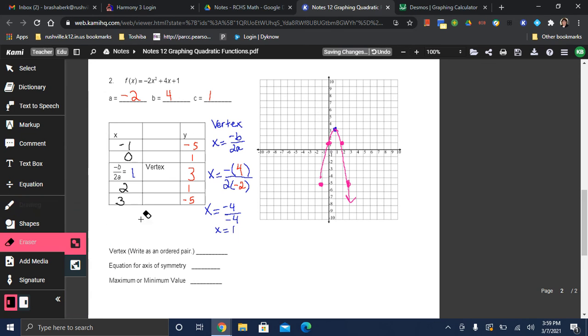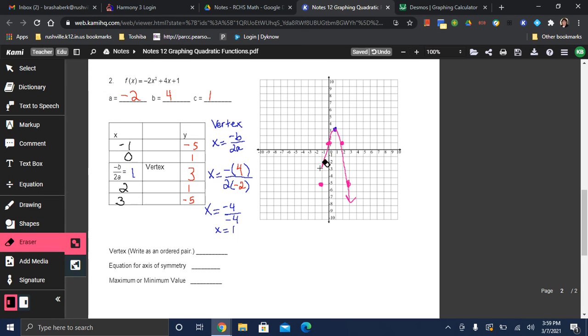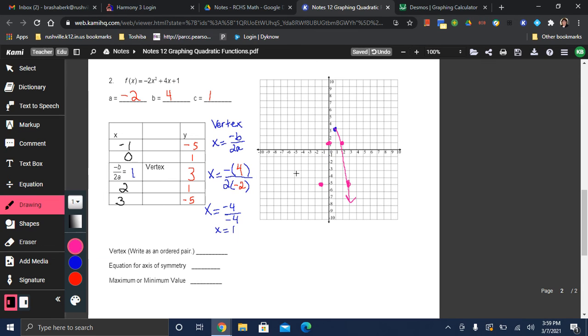And if it looks like you're going to mess up, then, like I said, just keep trying. I'm going to try one more time. Trying to keep a steady hand. And I'm going to let that be it. So there's the parabola.